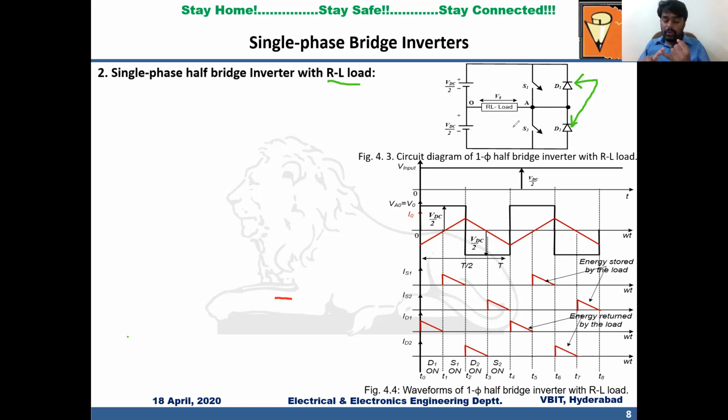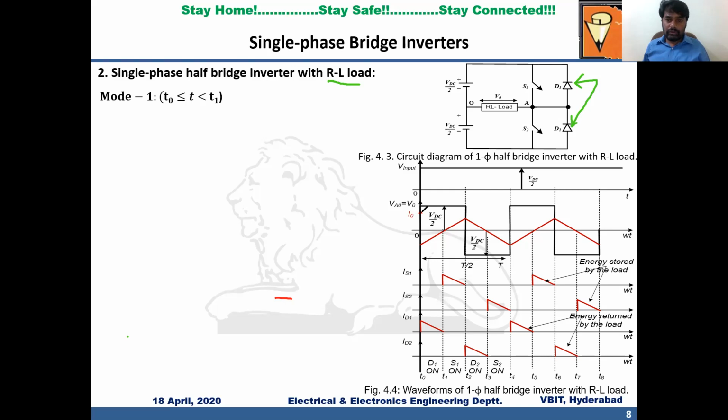Like in case of RL load or RC load, these diodes play the role of transferring power from load to source. That is why these diodes are called feedback diodes. Now they will come into the picture.